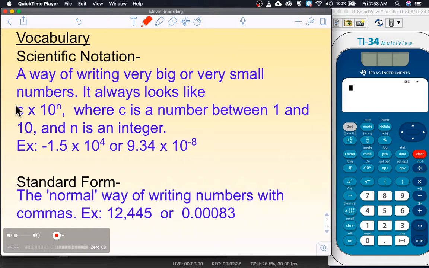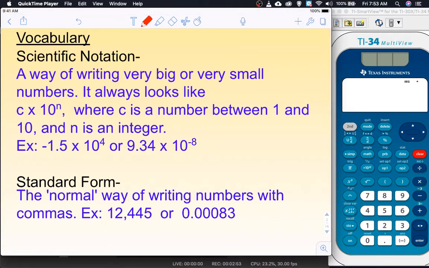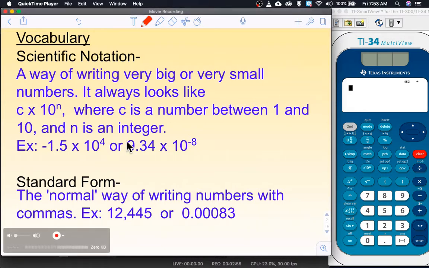So that means that this C has to essentially be a 1-digit number, like 1 point something, 9 point something. It cannot be 10 point something. It cannot be 0 point something. It has to be a 1 point, 2 point, 3 point, 4, 5, 6, 7, 8, up to 9 point something. No tens, there's no 2 digits in front of the decimal, or more allowed.